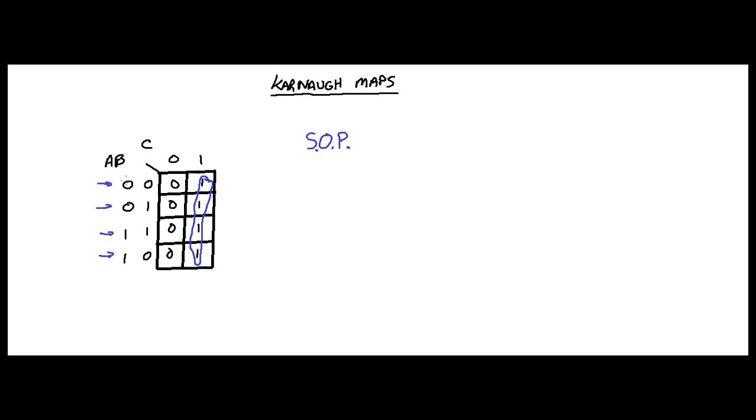Well, in every one of these rows, you can see that A changes from a 0 to a 1, and B changes from a 0 to a 1 and back to a 0. So we discard A and B. However, if we look at the columns, this group resides only in one column, right? So really, that's going to be C, isn't it? So the expression for this, for SOP, is Y equals C. Get it?